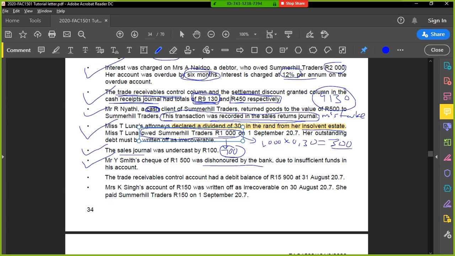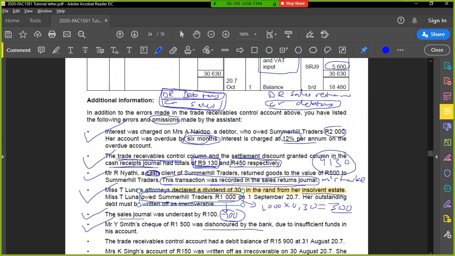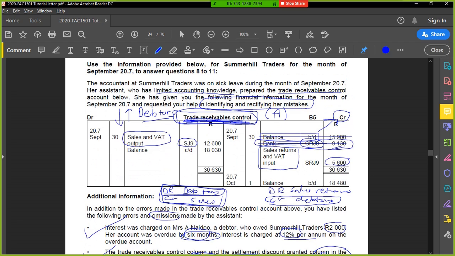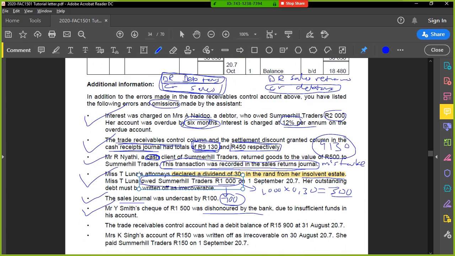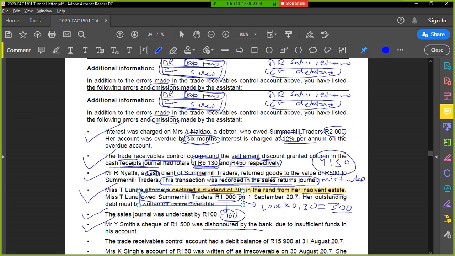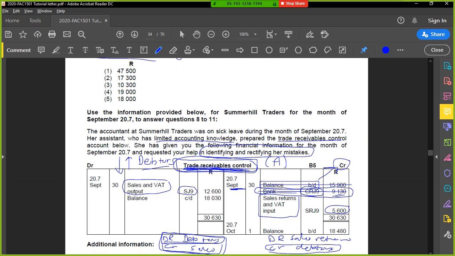The trade receivables control account had a debit balance of 5,900 at 31st August 20.7. Where is that date? Let's go back and see. 31st August is last month, because we're in September. So it would have been the opening balance.